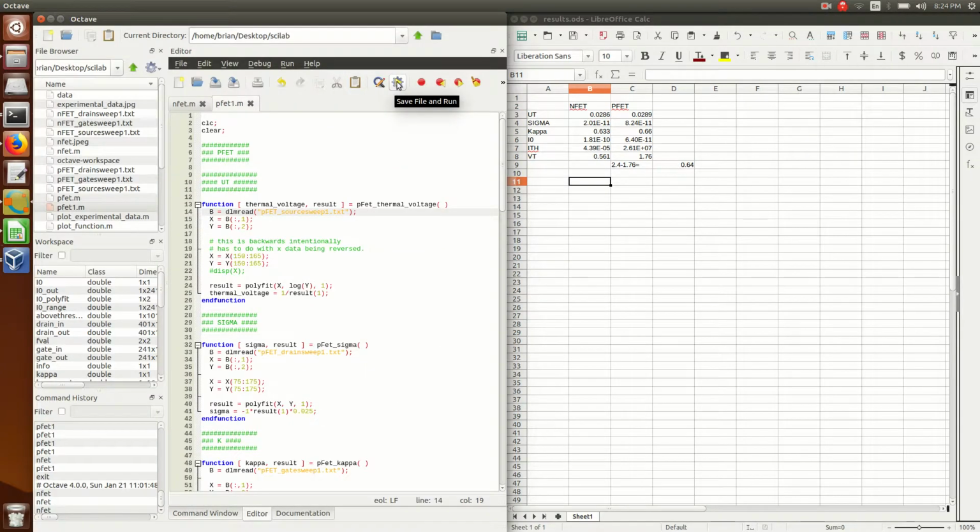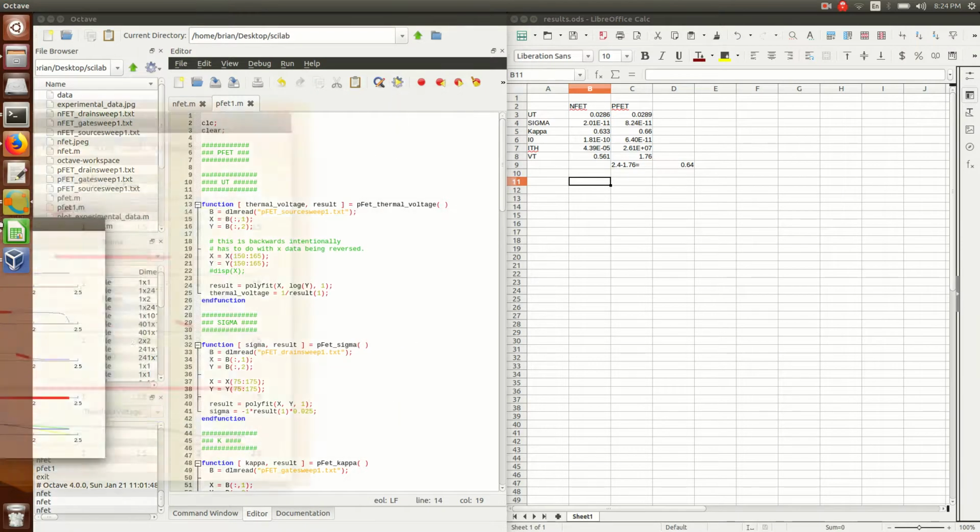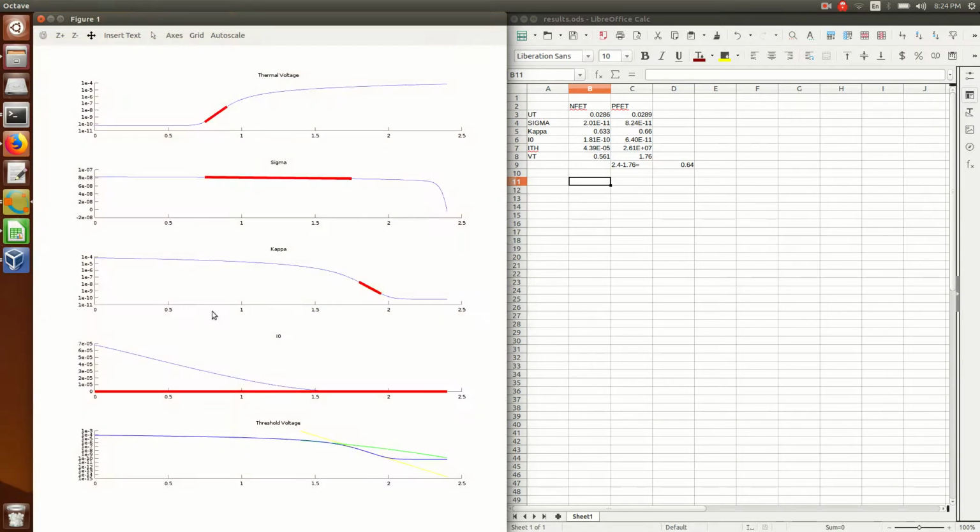So for completeness, I'm just going to show the PFET script as well. So most of these curves are just the opposite as we'd expect, and for all these curve fits, we just did the same exact thing we did for the NMOS, where for thermal voltage we found the gradient of this linear curve.